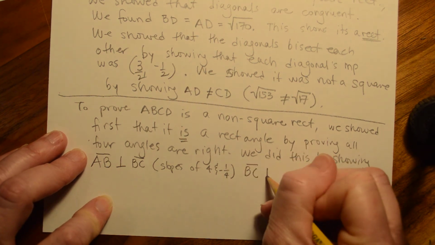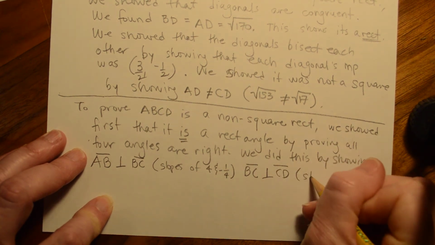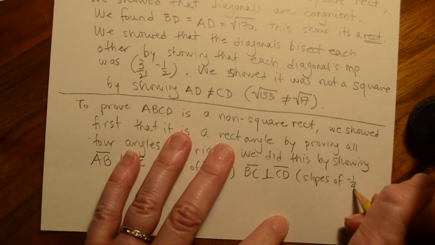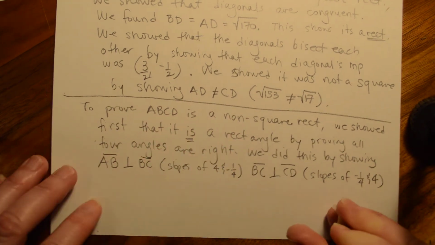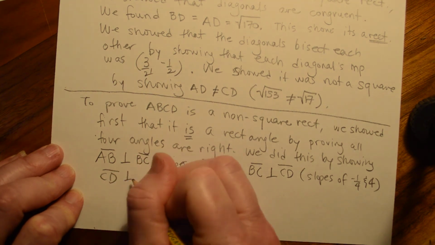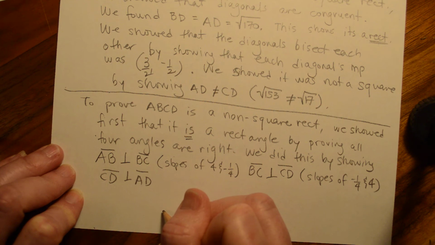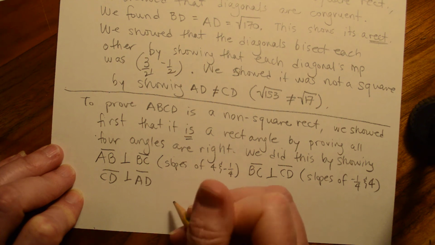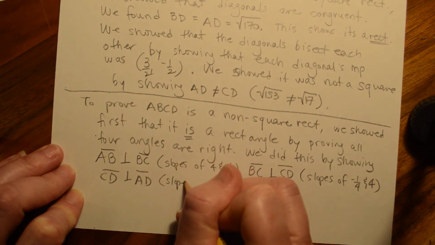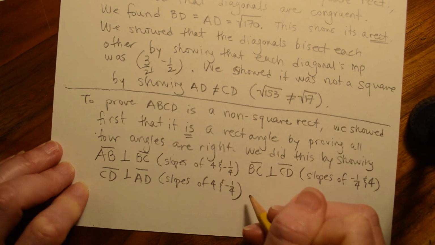BC is perpendicular to CD, slopes of negative 1/4 and 4. CD is perpendicular to AD. Yep, that was again slopes of 4 and negative 1/4.